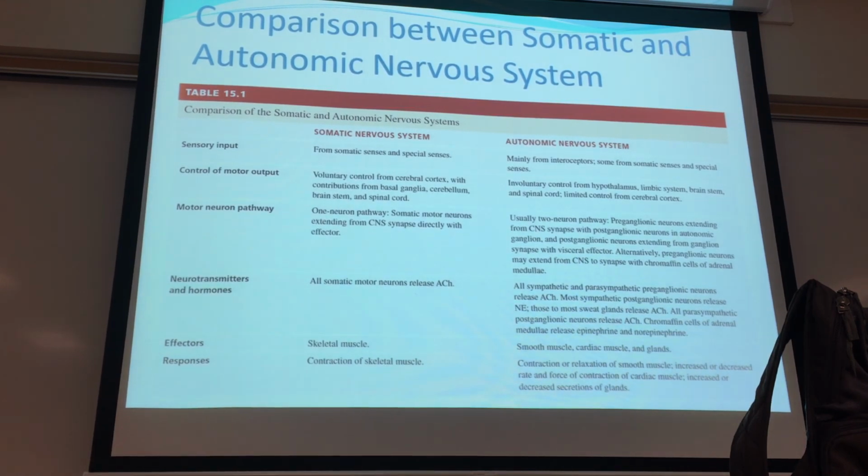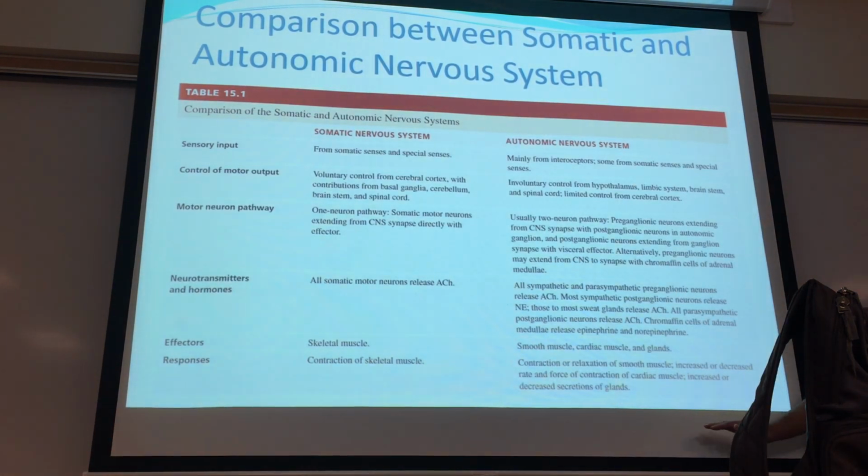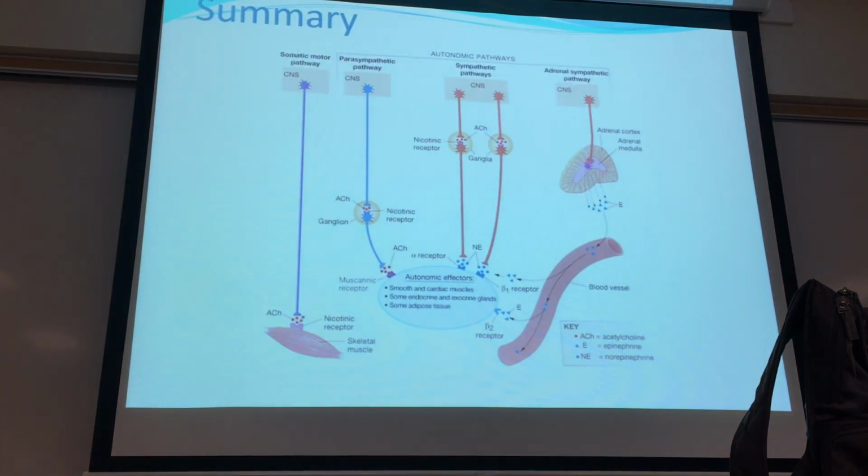So somatic results in contraction of skeletal muscle, and autonomic results in contraction, but not only contraction, but relaxation of smooth muscles, depending on where those smooth muscles are located, whether in the heart or the digestive system. Some things get turned on, other things get turned off. Then this gives you a visual summary, where the somatic pathway is on the left, and the autonomic pathways are the 3 pathways on the right.